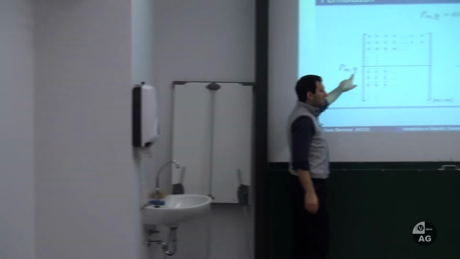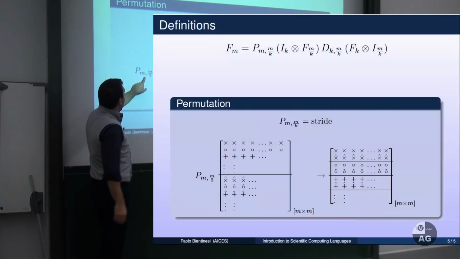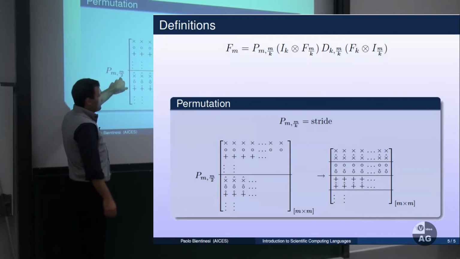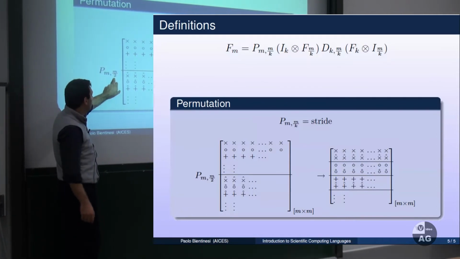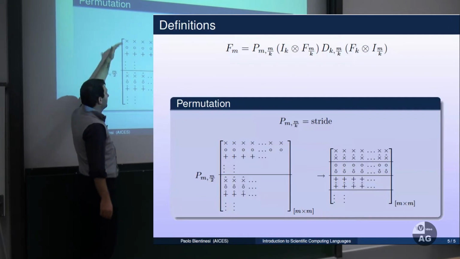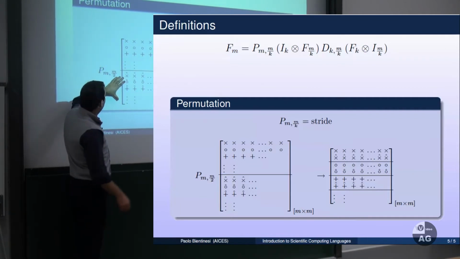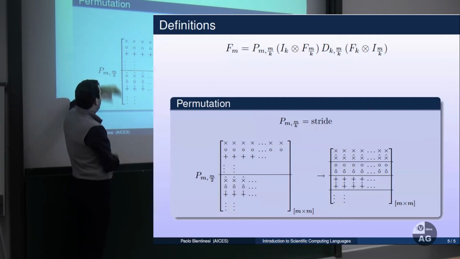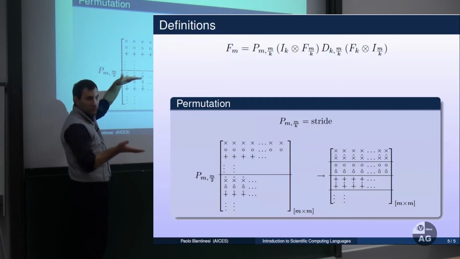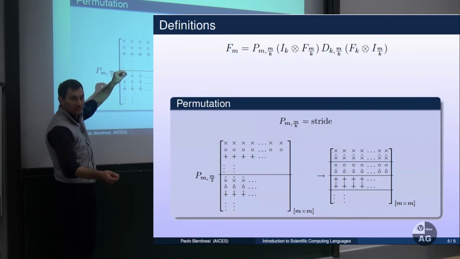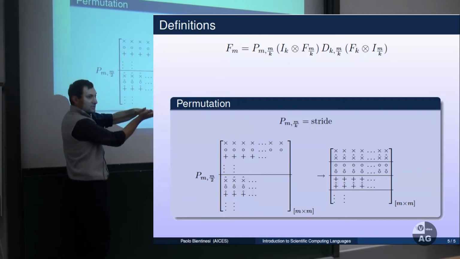I explain this permutation by example. Let's say that we place a 2 over here. What this means is that we divide our matrix in two parts, and I put rows that are m over 2 away, I put them side by side.